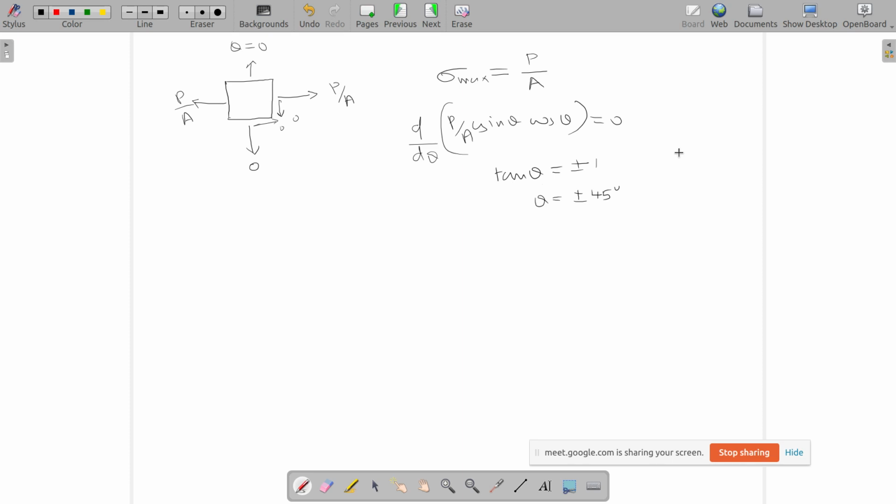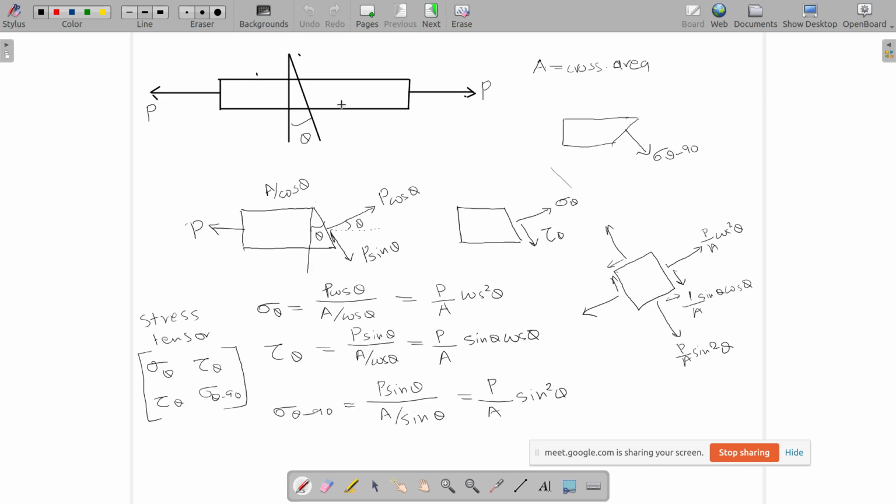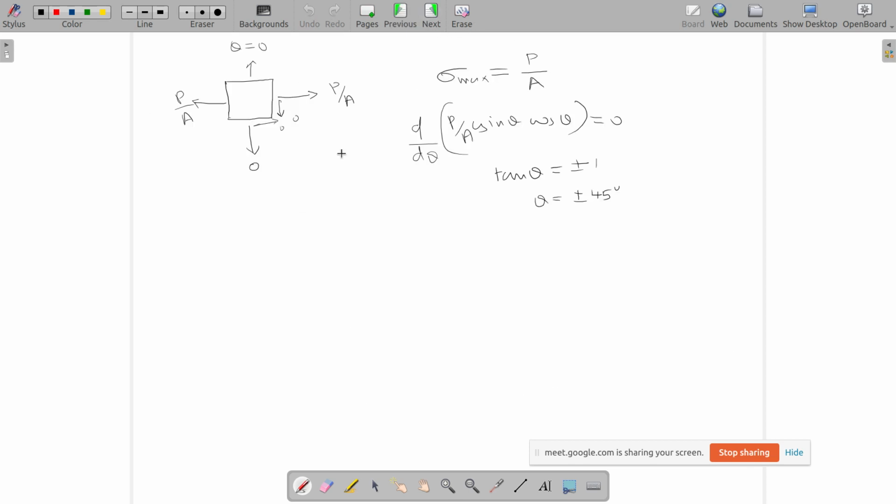So this is the angle at which you will get the maximum value of shear stress. And which is that location? If theta is equal to 45, we'll plot that.